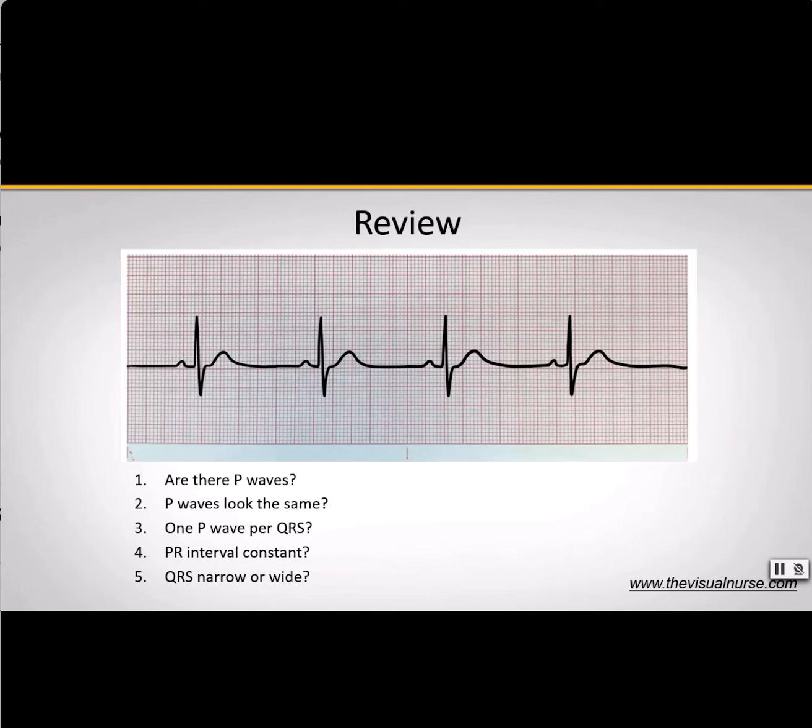We talked about R and R, P and P. QRS complex, is it narrow or wide? It's narrow. If we look here, it looks like there's 1, 2, 3, 4 small boxes spanning the width of this QRS complex, which would be a measurement of 0.12 seconds. So that's within normal limits.